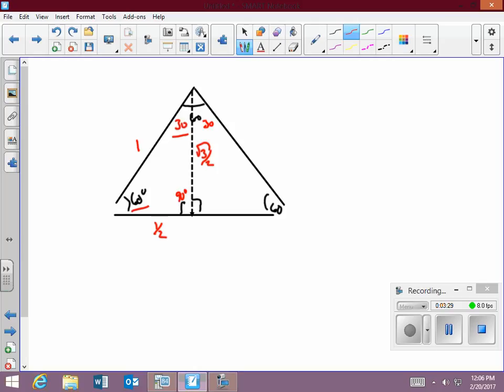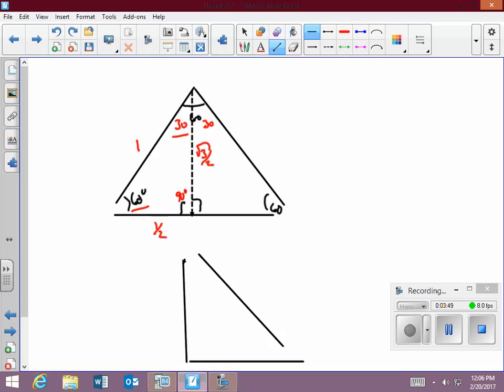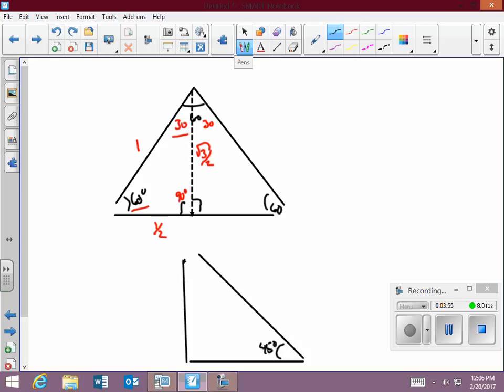And likewise, if you have a 45 degree, the second special triangle, remember, these are 45 degrees, and this is 90.